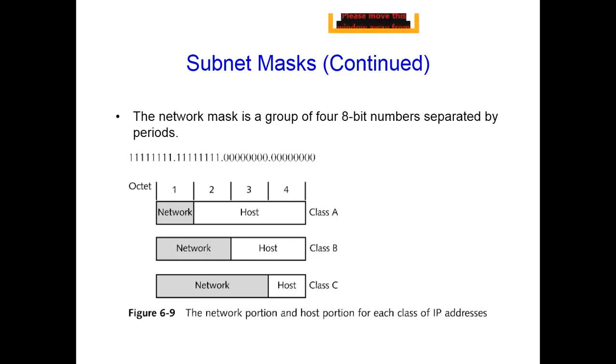Then the class B network, 2 network and 2 host. Okay? And sa class C, yung ginagamit natin sa mga small business or small enterprises, we have 1, 2, 3 octets for the network, and we have yung last na octet, yan siya yung host.